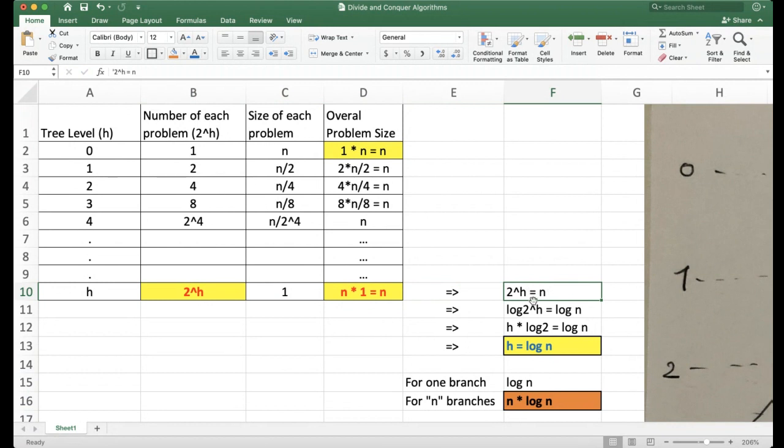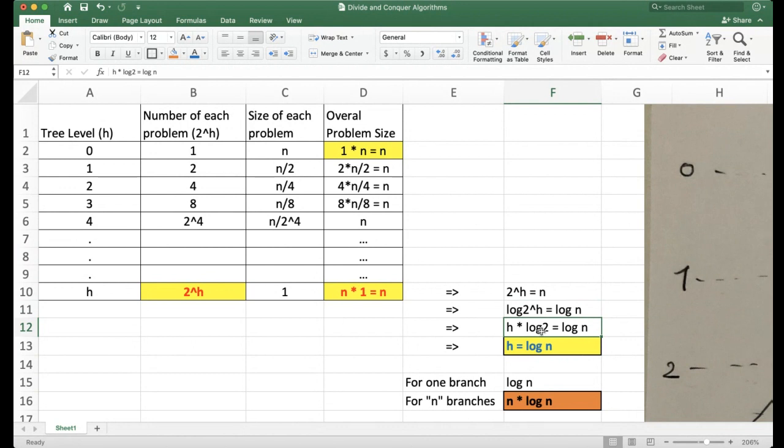So if I want to identify h, I'm going to take the log base 2 of both sides of this equation. So it's going to be log of 2 to the power of h, and log n. These logs are base 2. If you remember the logs, if you have 2 to the power of something, then you can take that exponent and multiply it by the log, so it can be converted to a multiplication. That gives us h multiplied by log 2 is equal to log n.